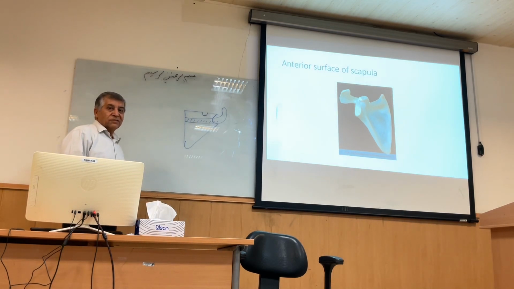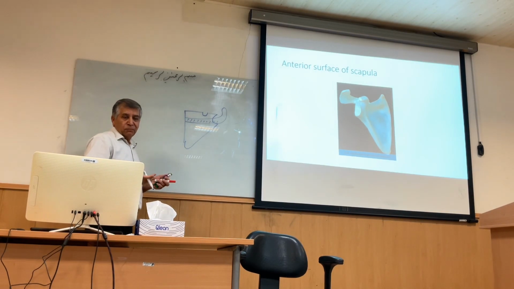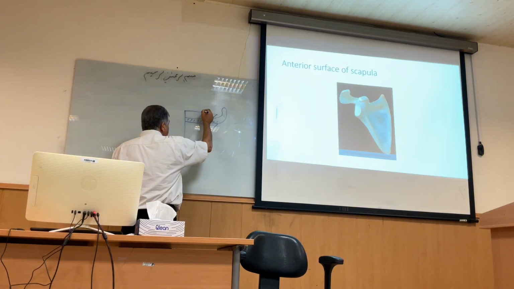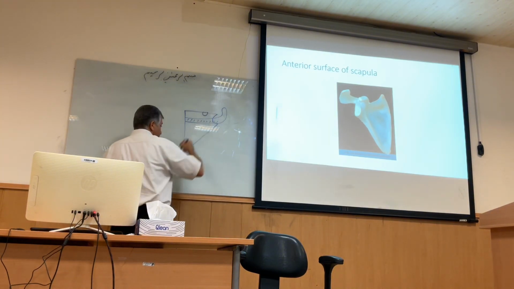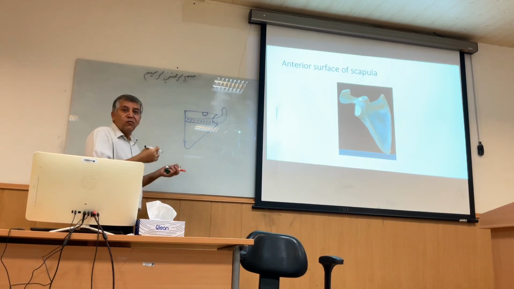This notch is called the suprascapular notch because it is on the superior border. The suprascapular notch is changed to a foramen by a transverse ligament. Okay? It is called the suprascapular foramen.